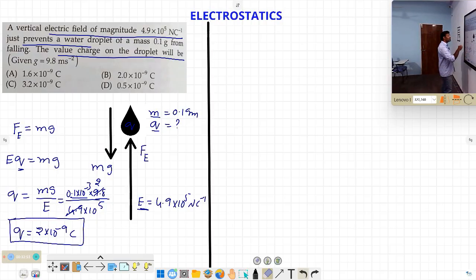Which option is correct? The second option is correct: 2 × 10^-9 coulombs is the charge on that water droplet. Due to weight it falls down, and the electric field applies a force to balance it so that it does not fall.